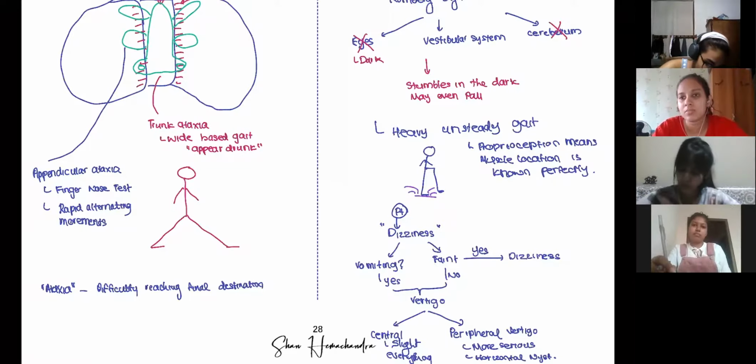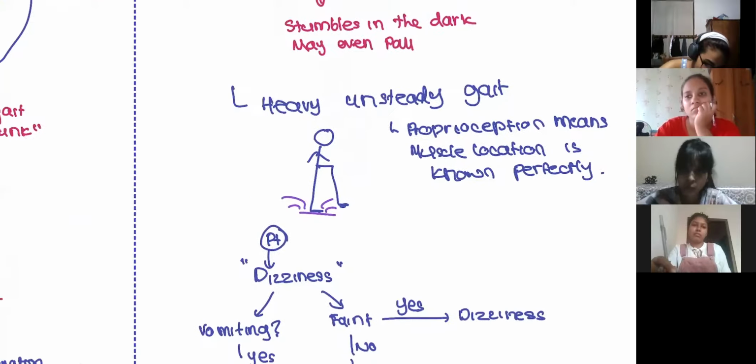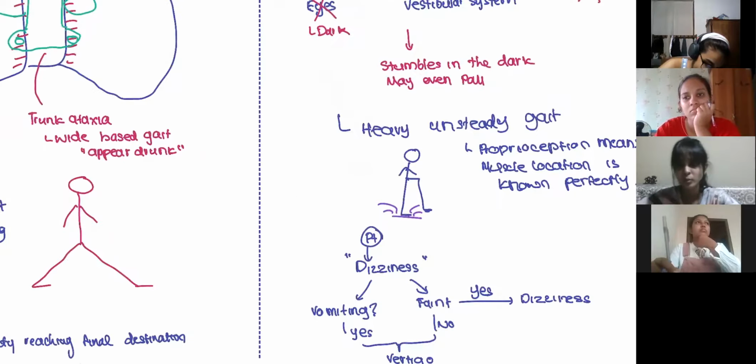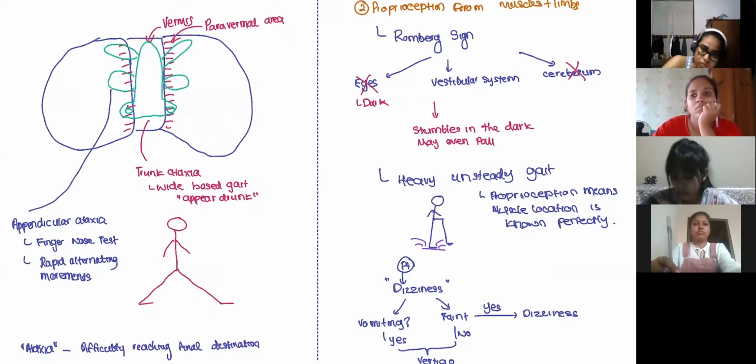But in these people, heavy unsteady gait means their cerebellum doesn't know, or their proprioception pathways are damaged, so they cannot tell exactly where the muscles are. So they will put a lot of force. They don't know the starting point and they don't know the ending point.